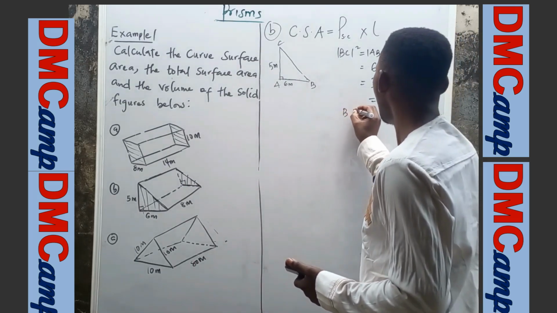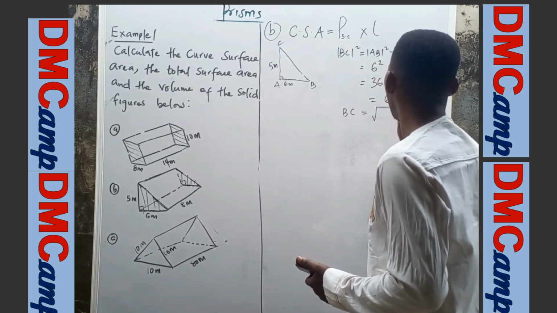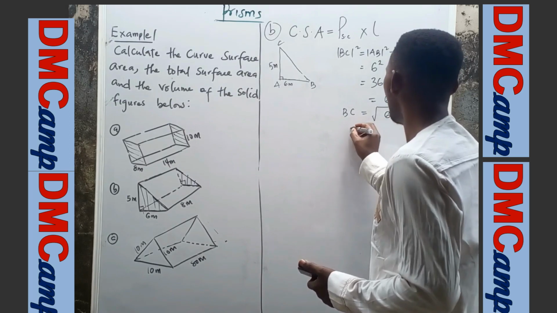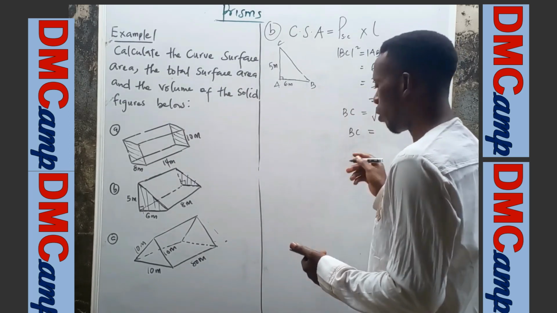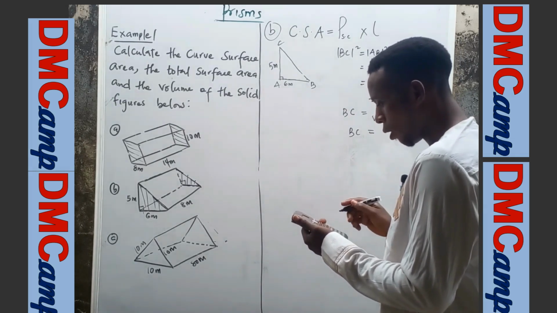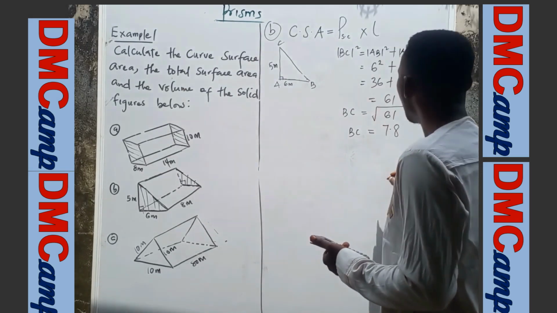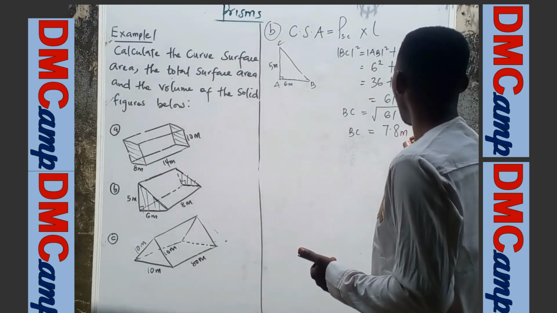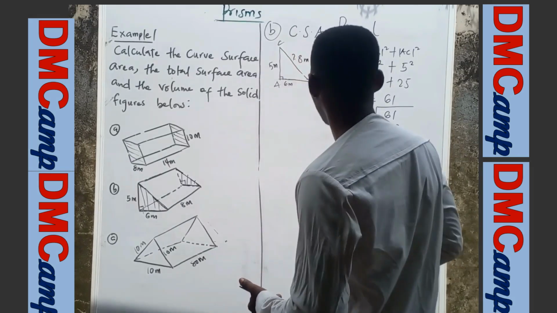So BC will give us square root of 61. Here we are going to have 7.8 meter.